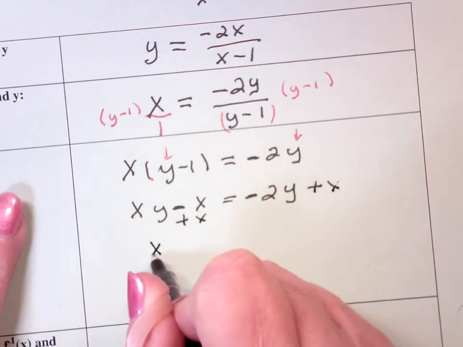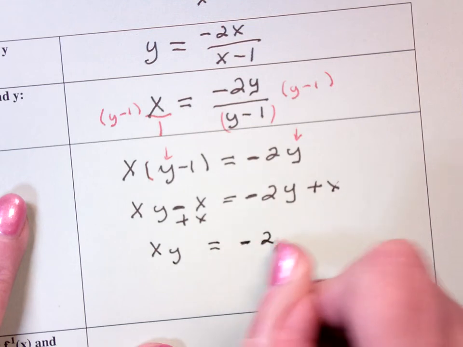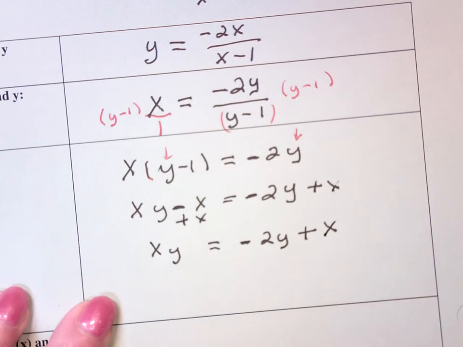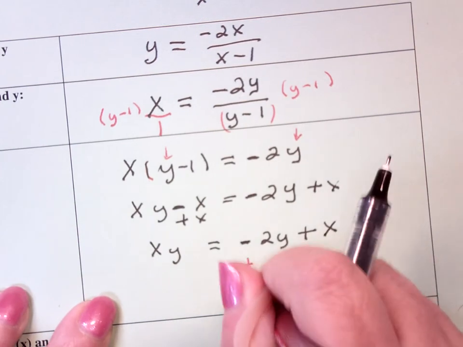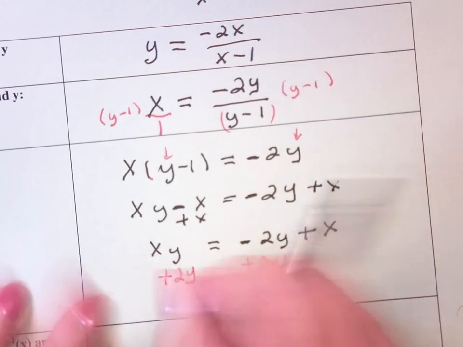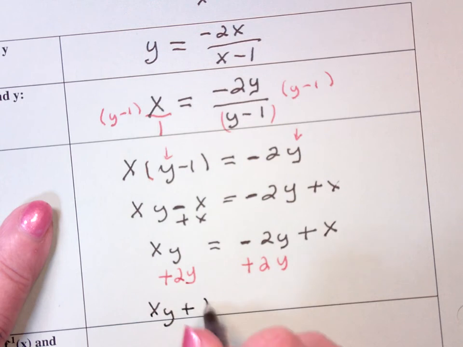So I get that xy equals negative 2y plus x. And then I'm going to bring the 2y over, so that xy plus 2y equals x.